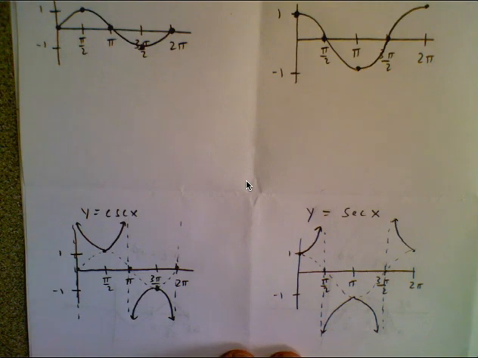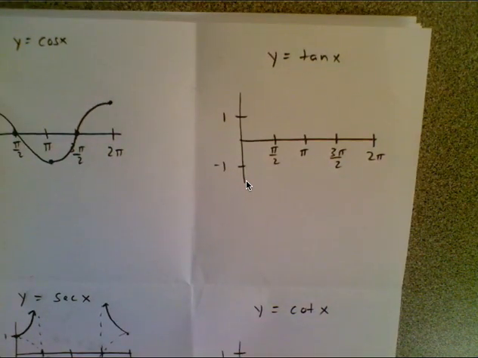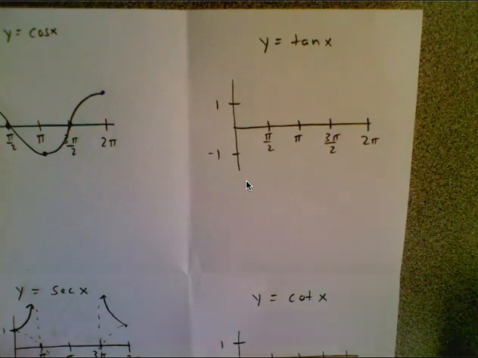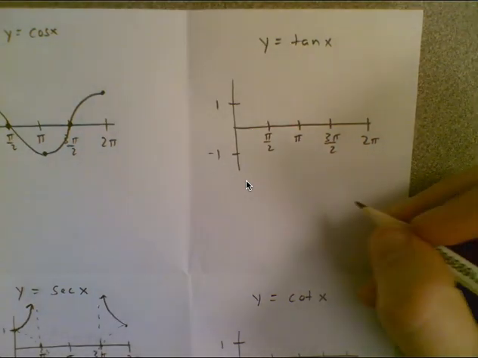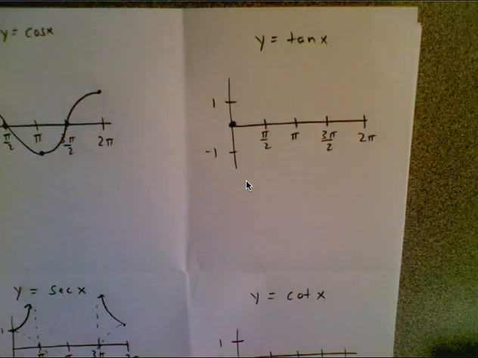Now for tangent and cotangent, these graphs are a little bit more complicated. So here are some things you should know about tangent. What tangent starts with is on its midline. So here's a point on its midline. And what tangent tends to do is it goes upward. But before I do that, I want to talk about the period of tangent.